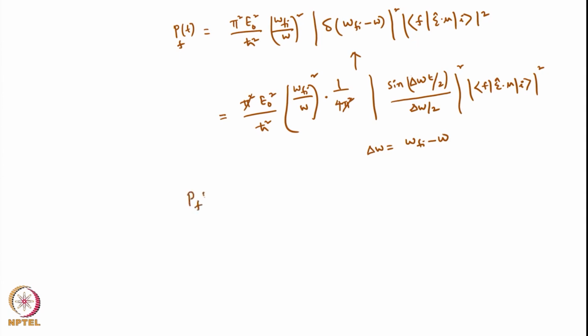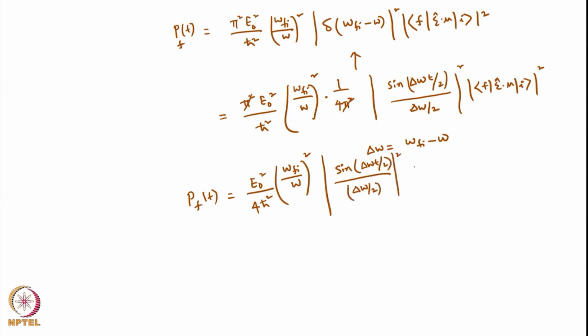So Pf of t is equal to E naught square by 4 h bar square, omega Fi by omega square, modulus of sine del omega t by 2 by del omega by 2, whole square. So this is the probability.